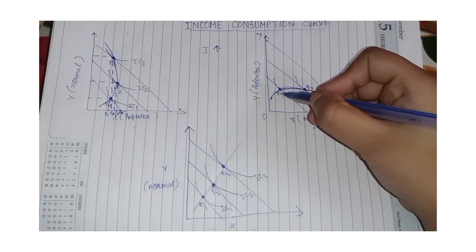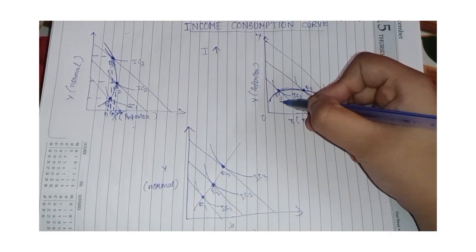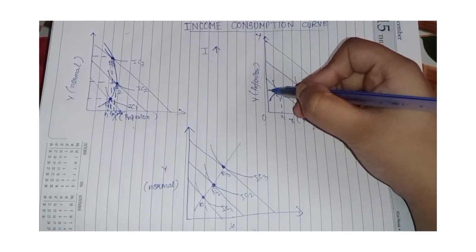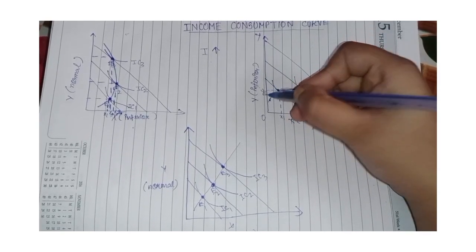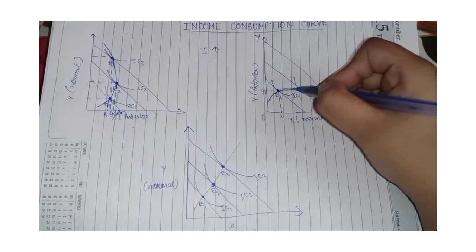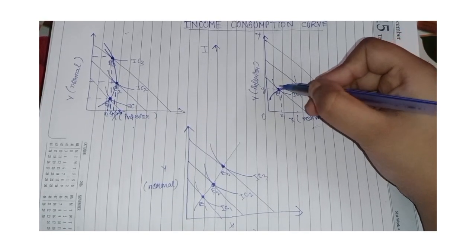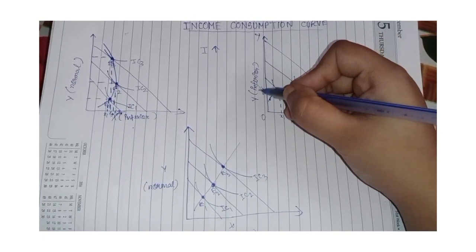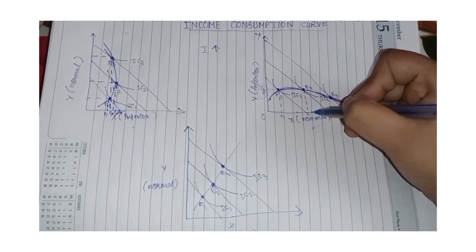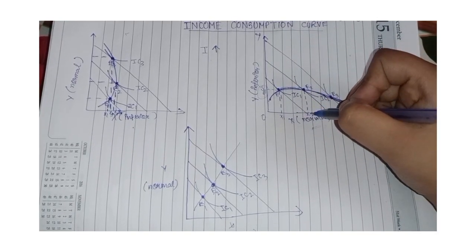Now see, in case 2 the consumer increases this much of X amount and this much of Y amount. Okay, now at point E2 the consumer consumes this much of Y amount, Y2, the amount is same, okay, but X is increasing, X2, before it was X1, now it's X2.